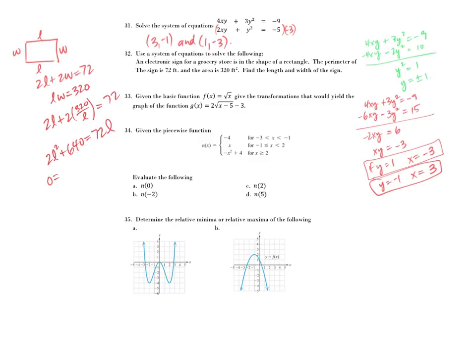I think I can divide everything by 2. So I'll get L squared minus, what's 72 divided by 2? 36. L plus 320. Okay, and then I can do the quadratic formula on that.